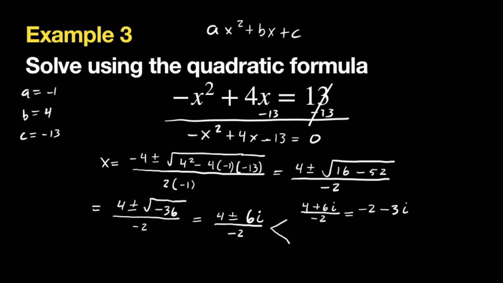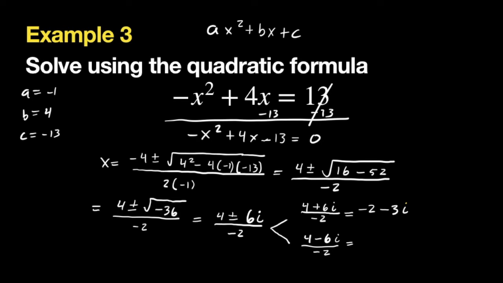On the other side, we're going to get 4 minus 6i divided by -2. Once again, we cannot combine the 4 and the -6i. So what we're going to do is split them and divide them individually.